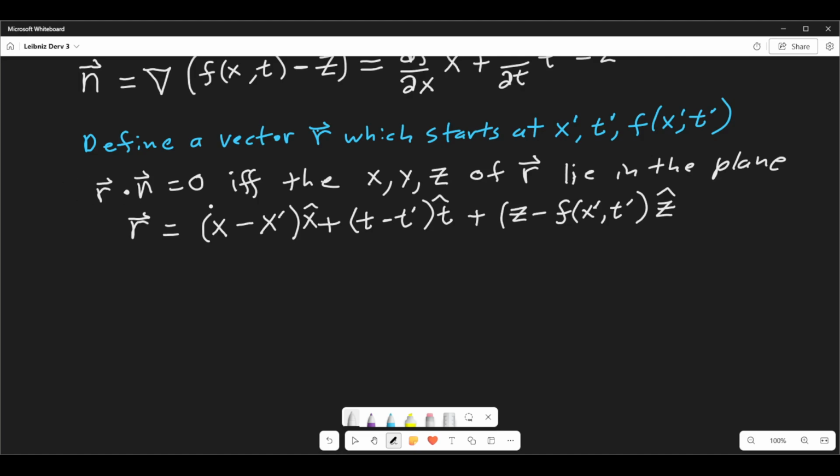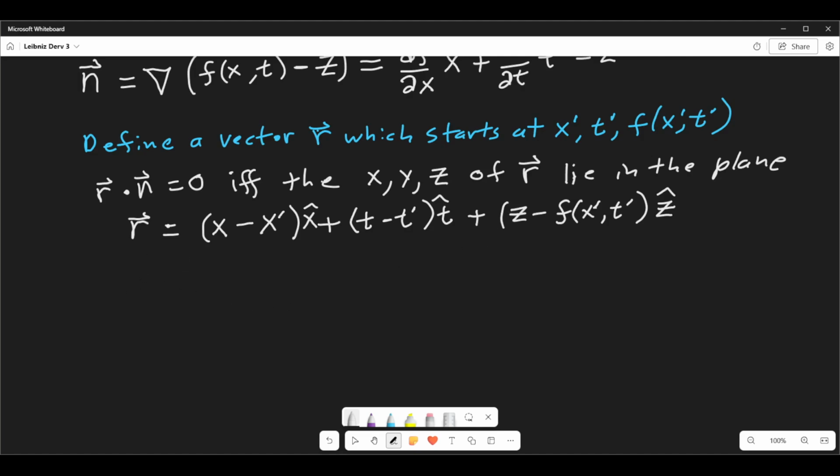So if the x, t, and z of these lie in the plane, then this will hold. So by applying this equation, this will give an equation for x, t, and z that will fix x, t, and z in the plane.